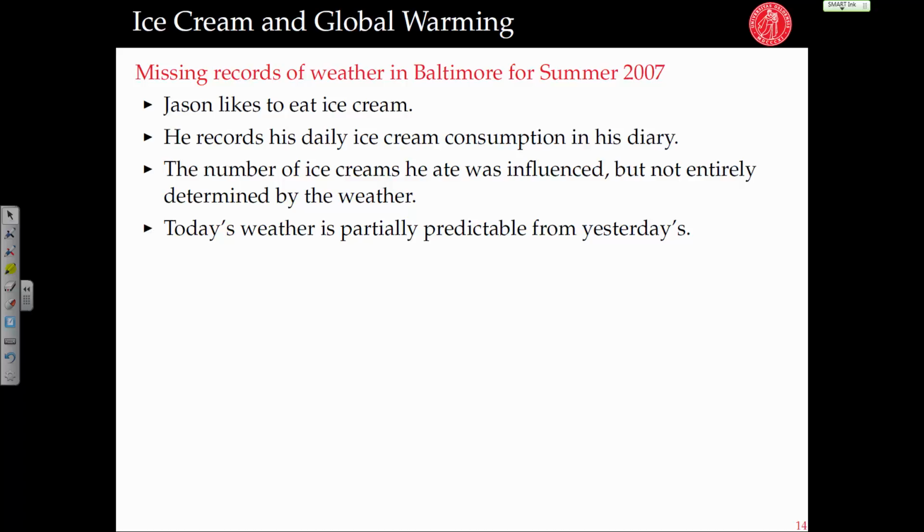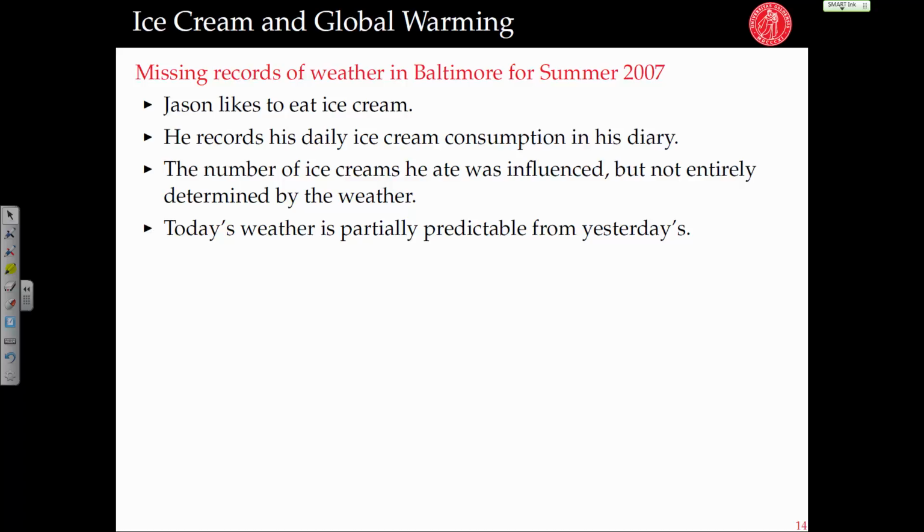But luckily, a person called Jason Eisner, who likes to eat ice cream, kept in his diary the number of ice creams that he ate every day during the summer of 2007. Even though Jason likes to eat ice cream, we know that there is actually a relation between hot days and the number of ice creams. So on hot days the number of ice creams will be more, and on cold days the number of ice creams will be less.